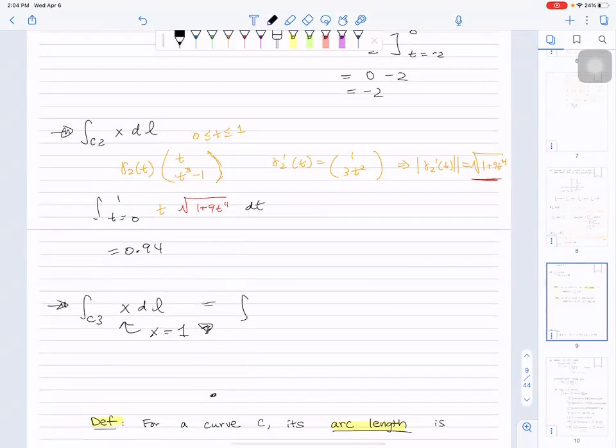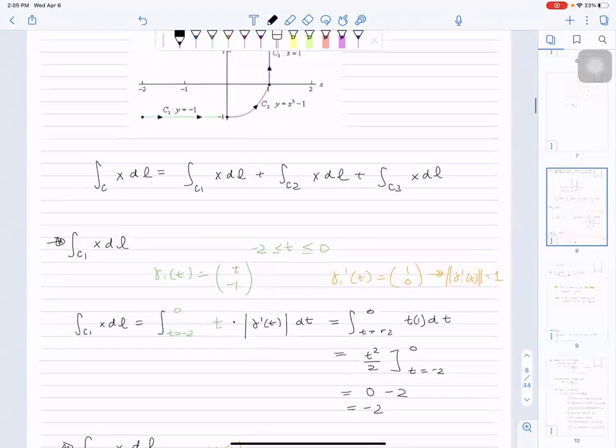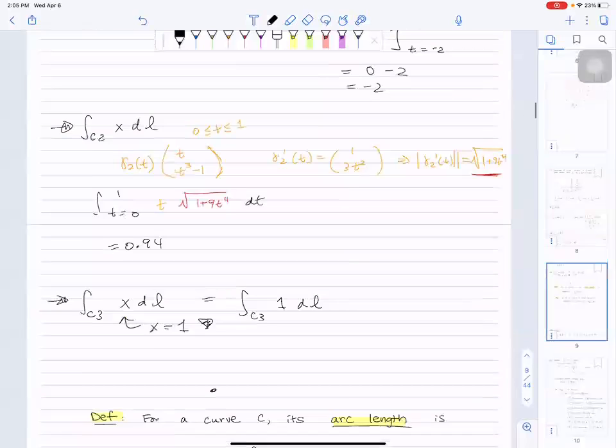So we end up with just the integral over some path of 1 dl. Instead of doing any complicated integral, we can just find what this length is. That length is up here, from 0 to 2 in the picture, and so this length is just 2.